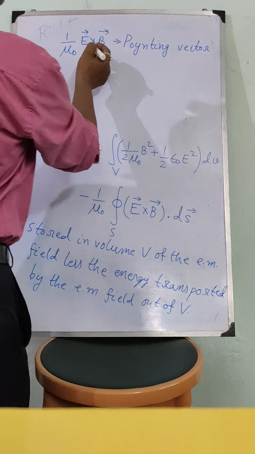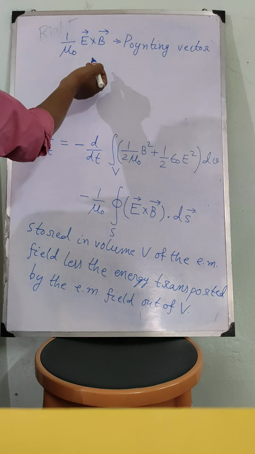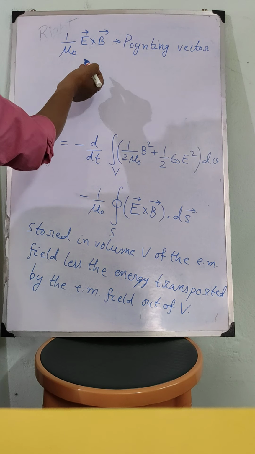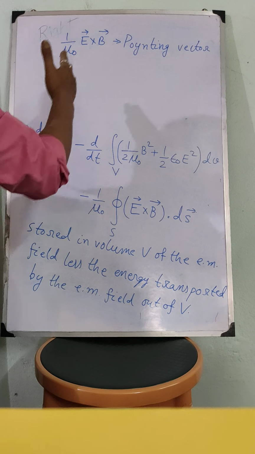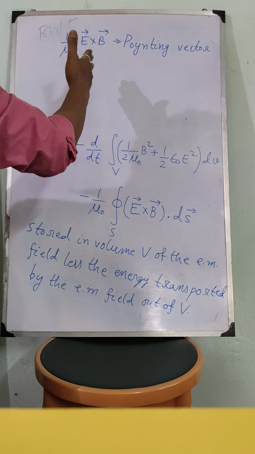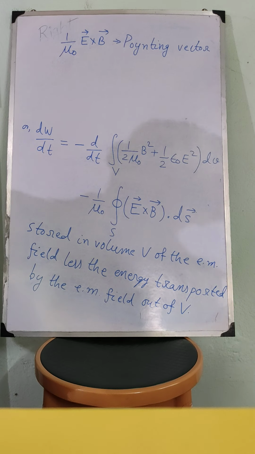Now, what is the significance of this? This is the energy carried or transported by the field per unit time per unit area, where the unit area is held normal to the direction of the flow of the field.